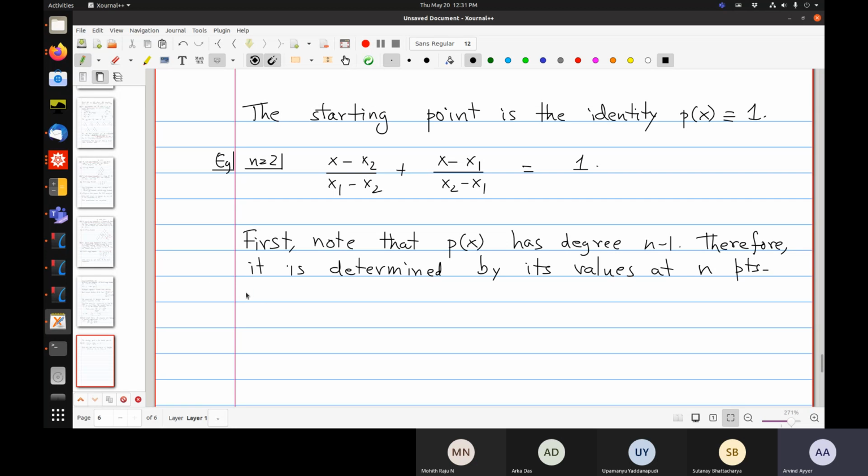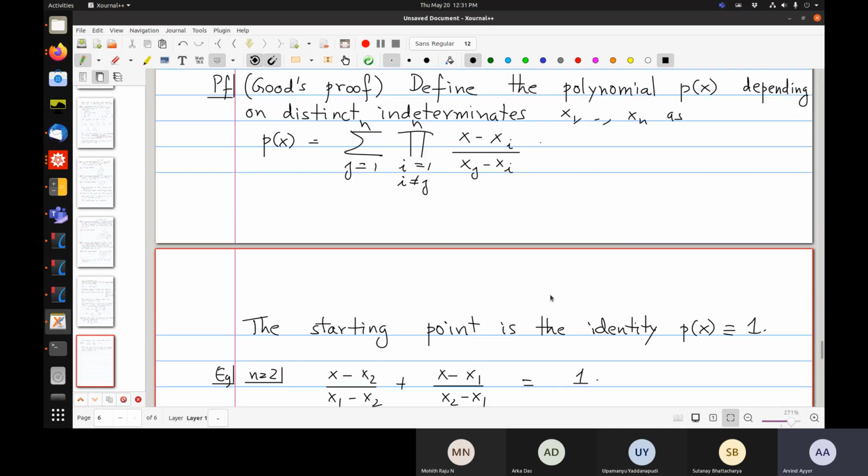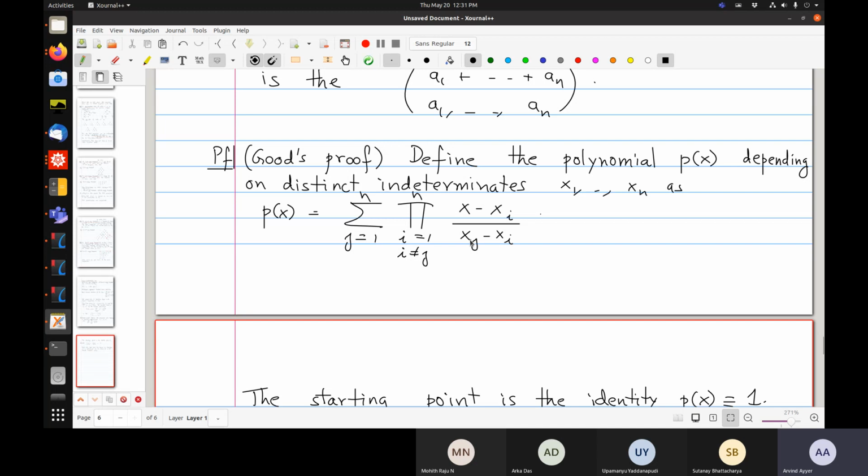So that's the first idea. Second, compute p of x_k. So what happens if you take x equal to x_k?